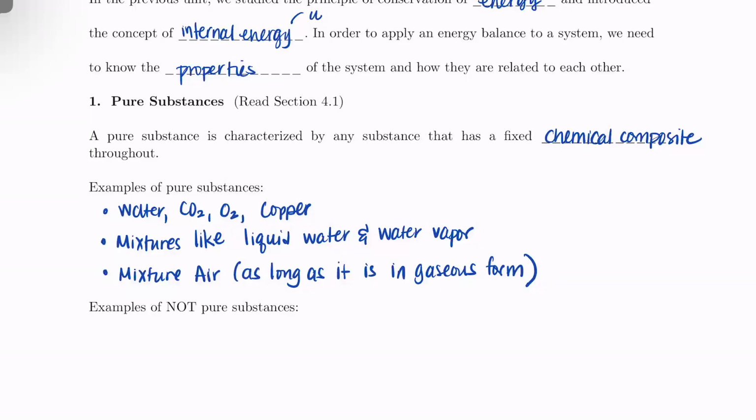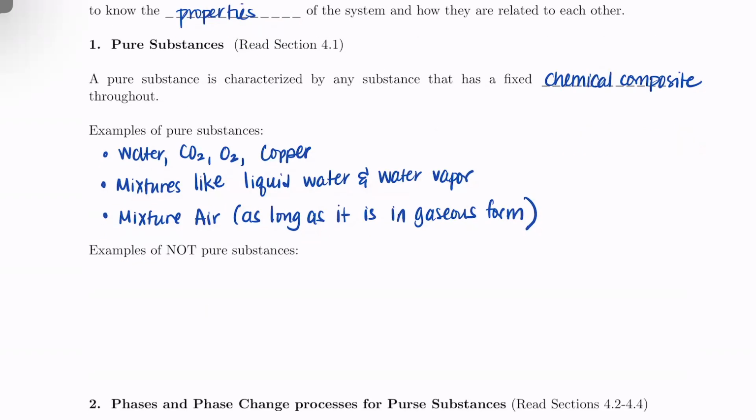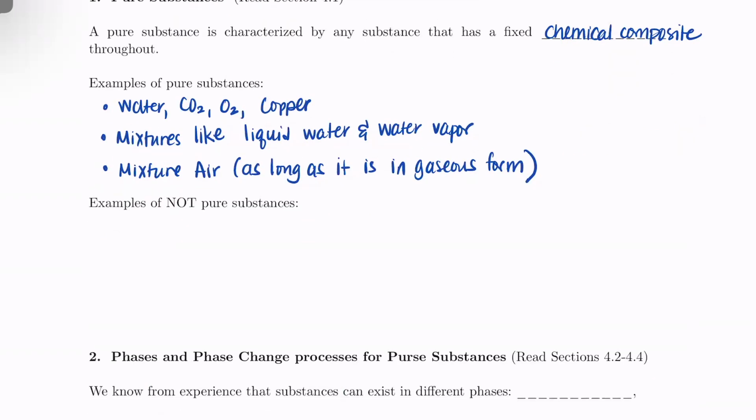So that mixture composition is the same throughout a gas, as long as you're a gas. That changes if your air is in 2 different states. So if you have gaseous air and then liquid air, this is not a pure substance anymore.